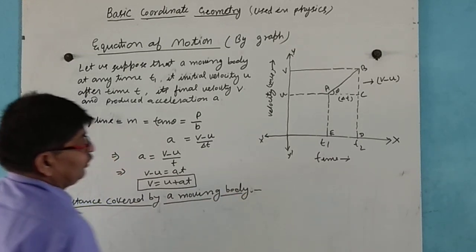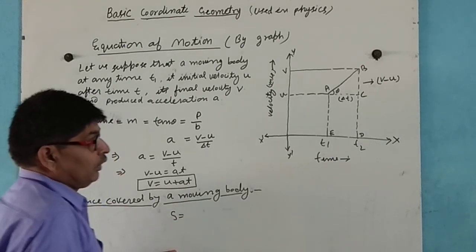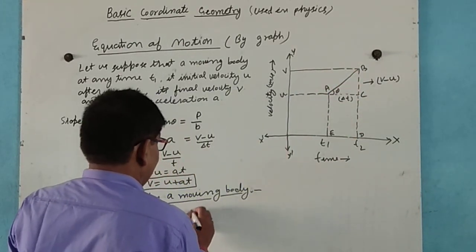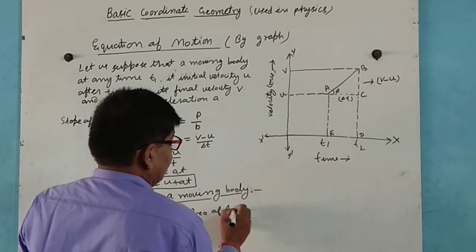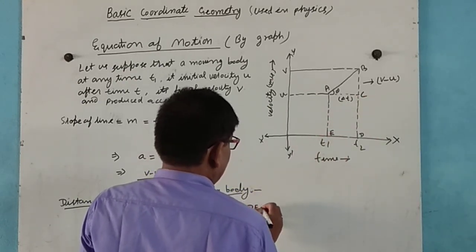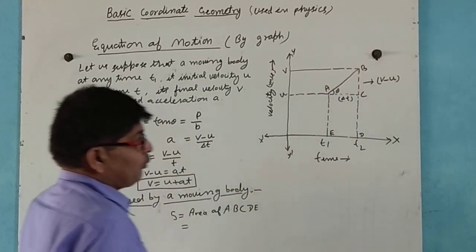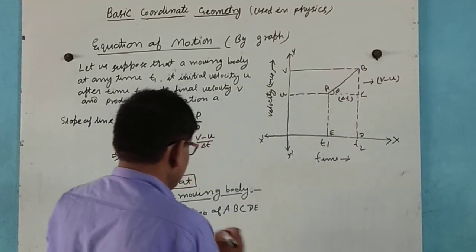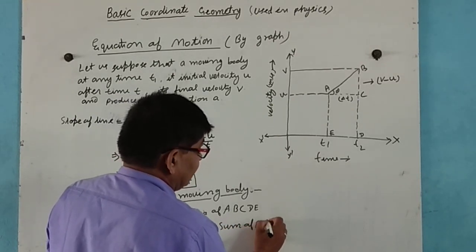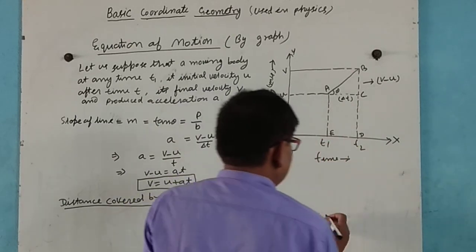The distance covered by a moving body is equal to the area of this figure A, B, C, D, E. The area is equal to half into the sum of parallel sides into the distance between them.